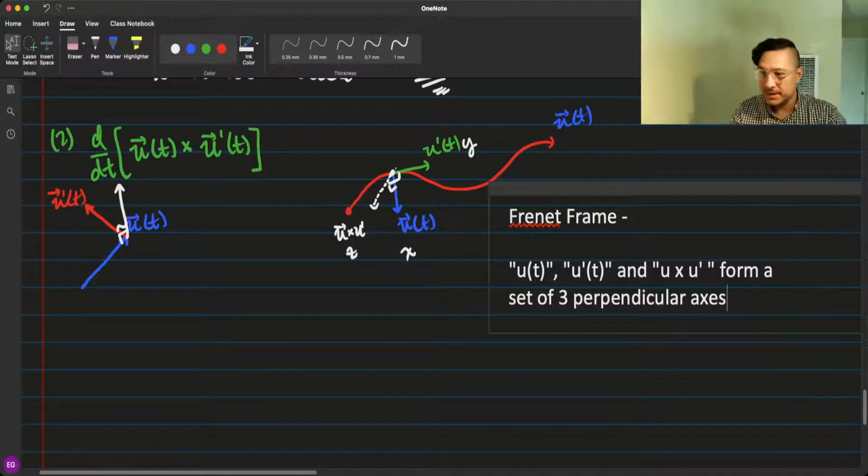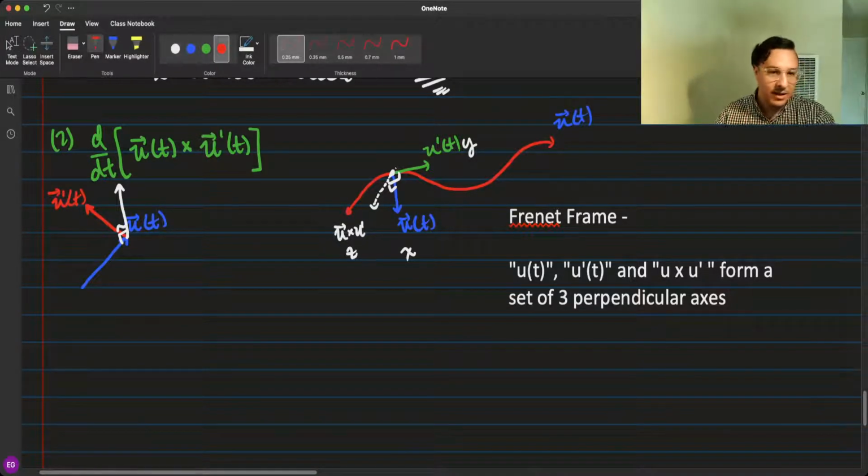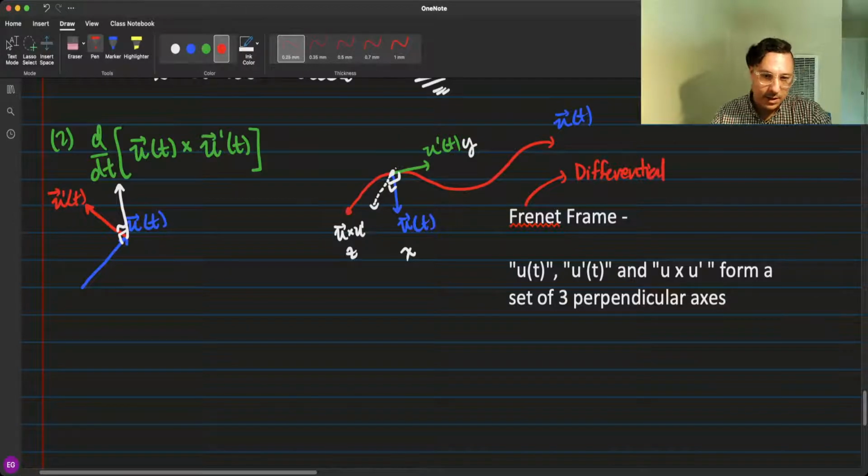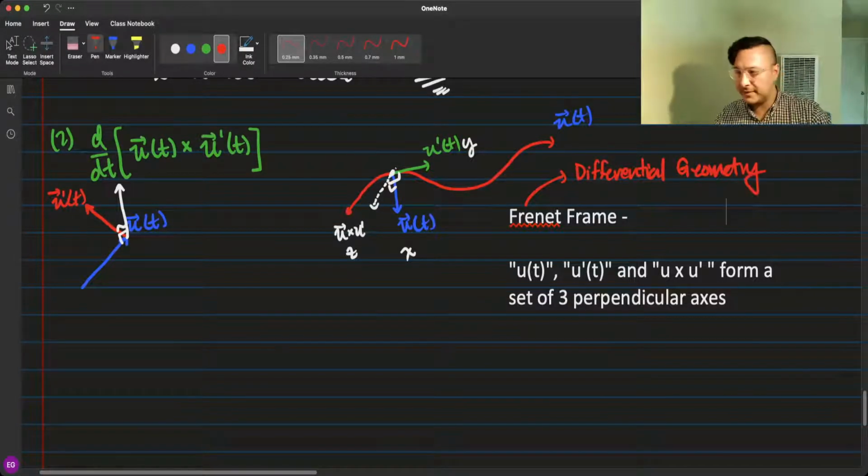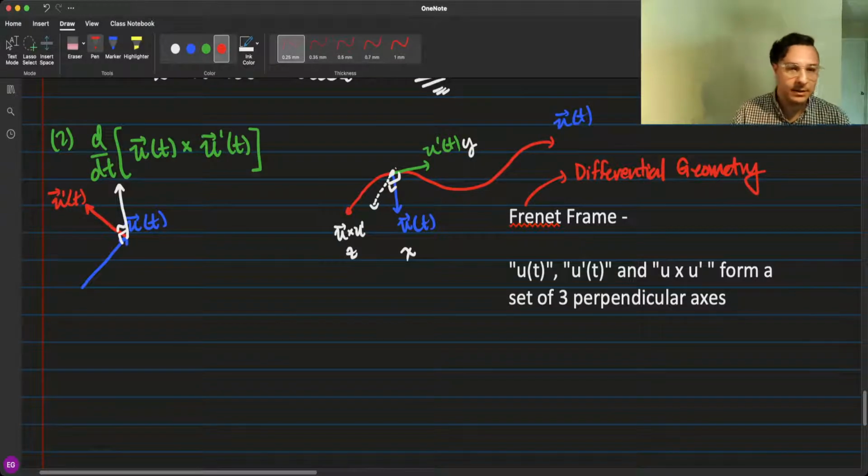We're going to talk about this. If you're interested in studying more of this after this class, there's a math course called Differential Geometry when you go to a 4-year university. They study all of this. It was one of my favorite classes that I ever took.